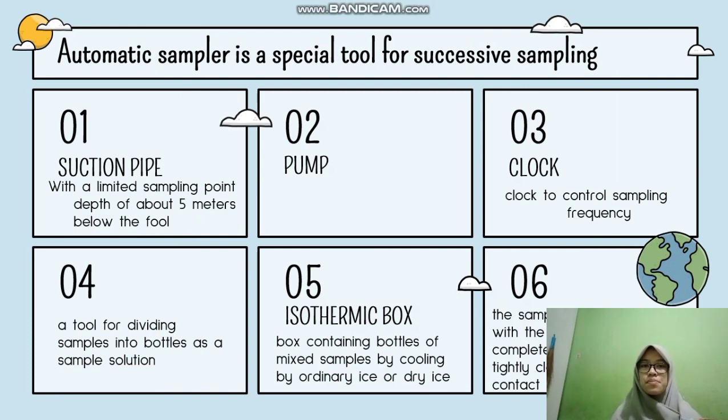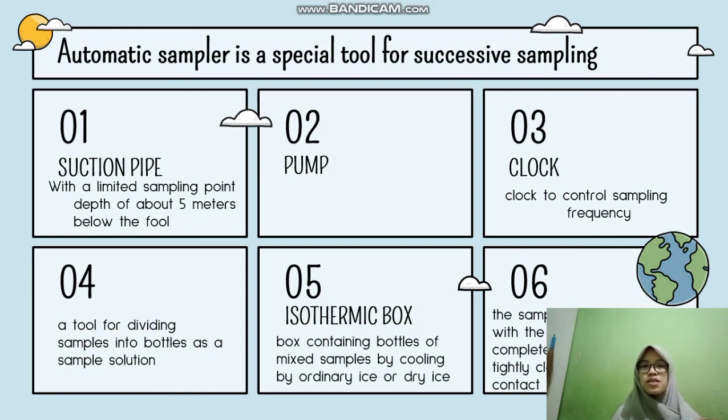And next, the sample should fill the collection bottle completely and the bottle should be tightly closed to avoid contact with air. Because if there is air, it will help the oxidation process in the sample, so hopefully nothing will change.